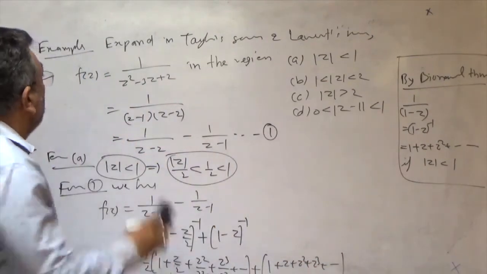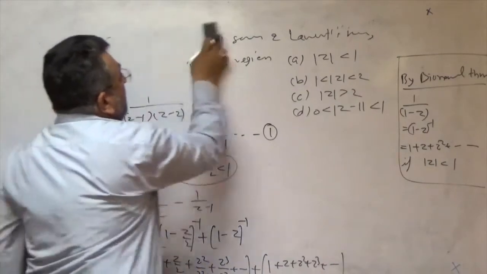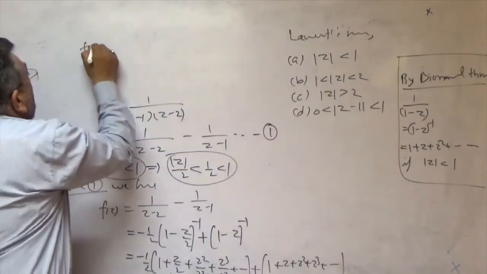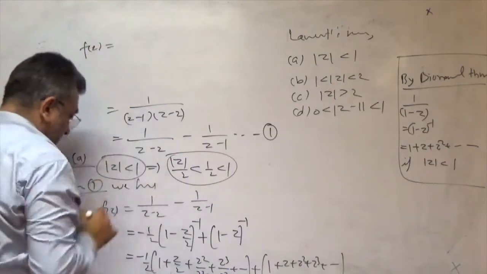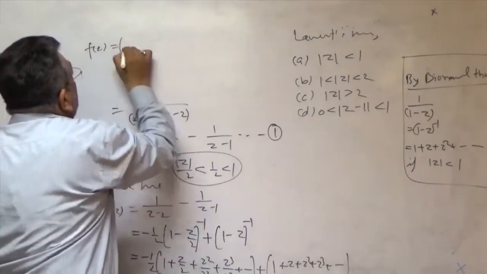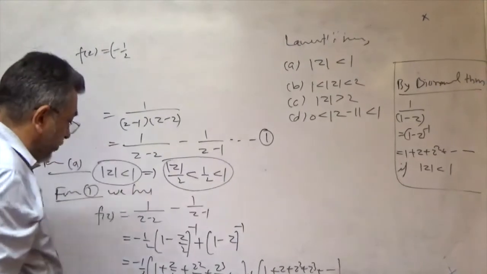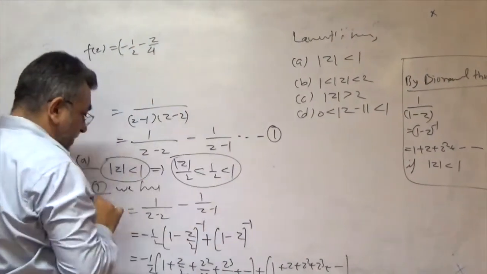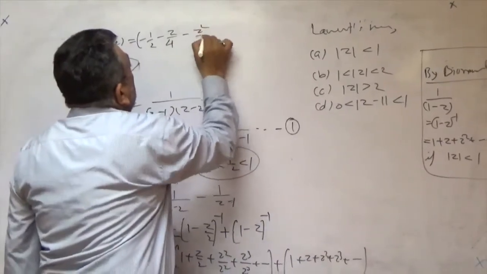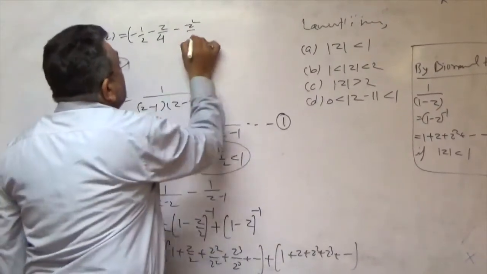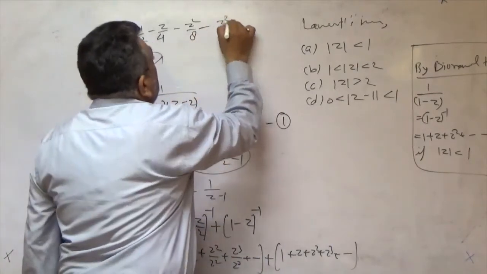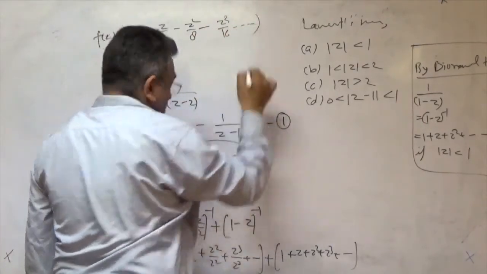If you calculate further, finally we get the result, that is f(z) equal to, in first bracket, multiply minus 1 by 2, minus 1 by 2 minus z by 4 minus z square by 8 minus z cube by 16 and so on.